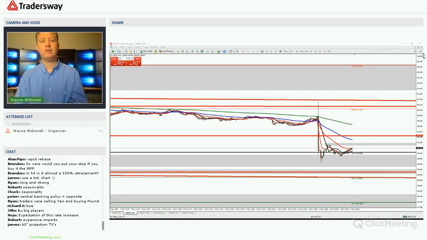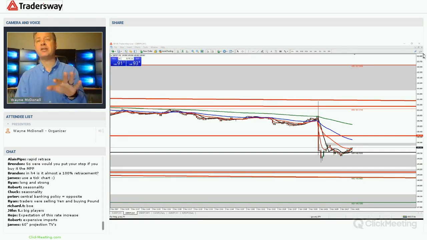So yeah, it's the policy, and even more important, the expected policy of the central bank to raise interest rates that they know will attract money and increase the value of the Great British Pound.